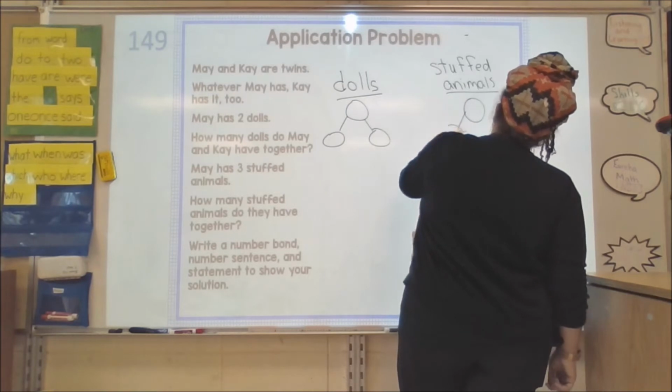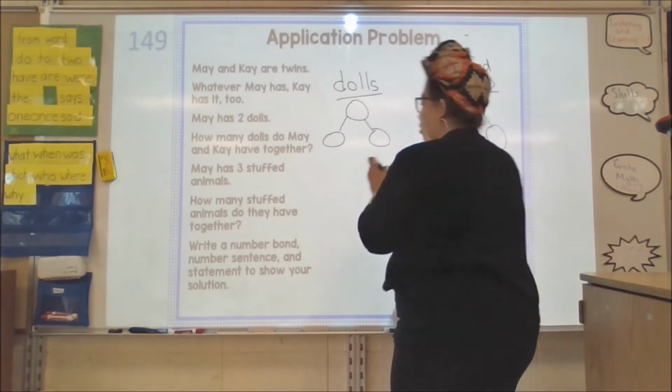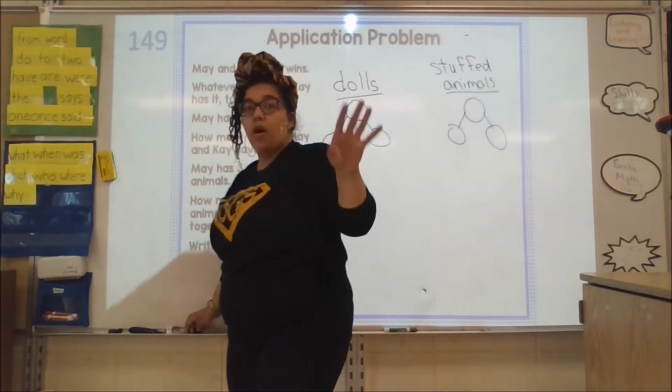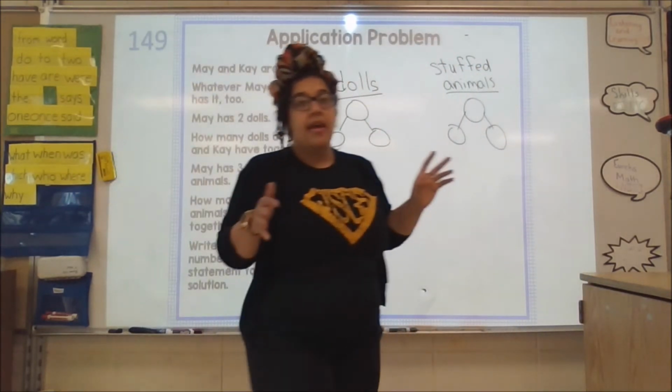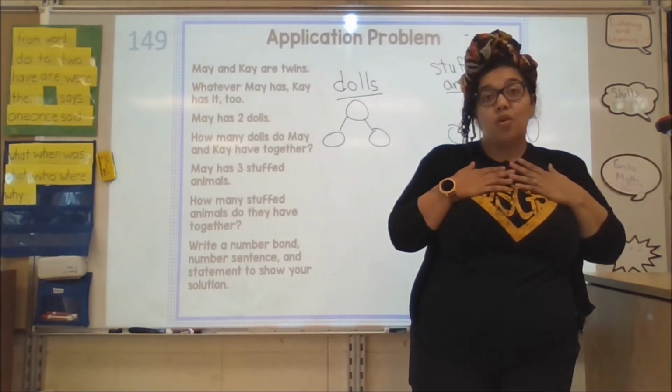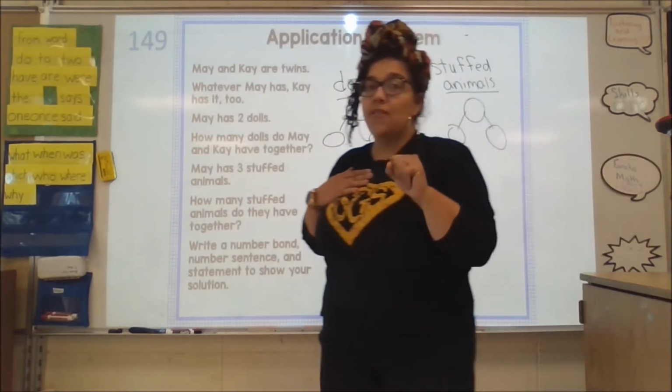Like I said, I don't want all of May's things over here and all of Kay's over there. That's not the question we're being asked. We're putting all of May and Kay's dolls together, and we're putting all of May and Kay's stuffed animals together. So let me step out of the frame because you're going to work on it by yourself for 3 minutes. So let me give you a good spot to pause.